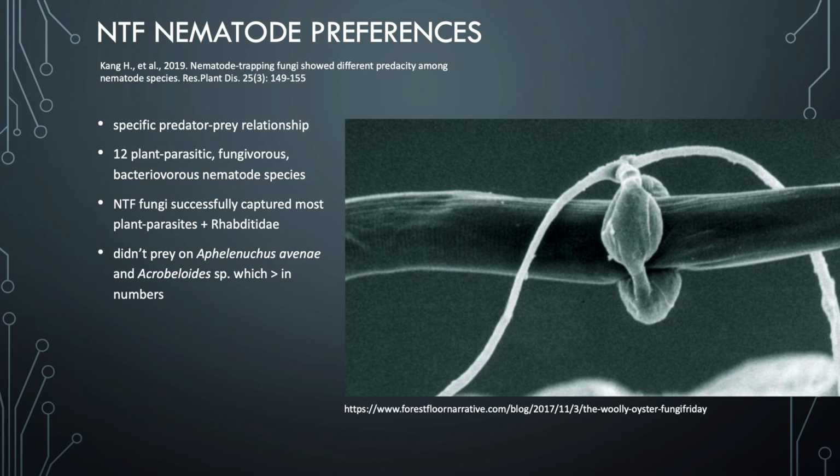So it is interesting in terms of nutrient cycling and acquisition, because the fungi that consume nematodes obviously transfer nutrients into the fungal tissue, but then fungal feeding nematodes end up utilizing those nutrients that originally came from the nematode. So this is just another way that nutrients are cycled within the ecosystem through these nematode and nematode trapping fungi relationships.